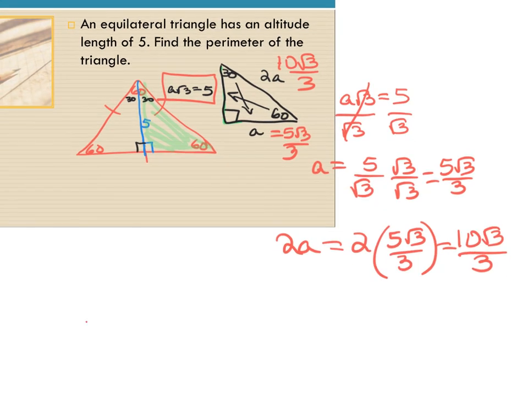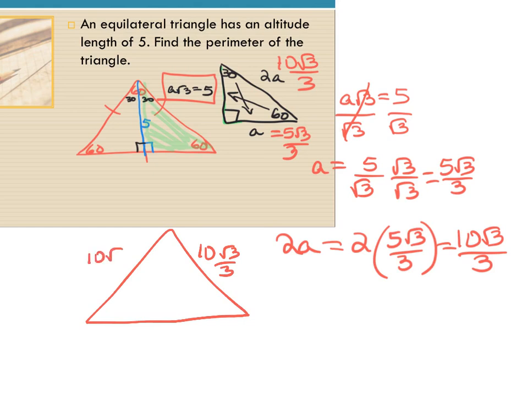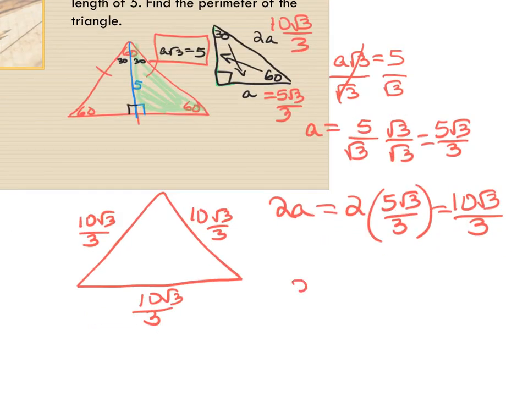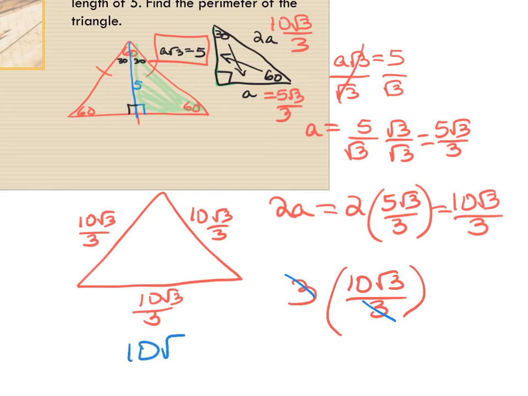So again, if I redraw the equilateral down here, this one is 10 square root 3 over 3. This one is 10 square root 3 over 3. And so is this one. So to find the perimeter, I'm just going to do 3 times 10 square root 3 over 3. Notice this time I could simplify diagonally, and the perimeter of my equilateral triangle is 10 square root 3.